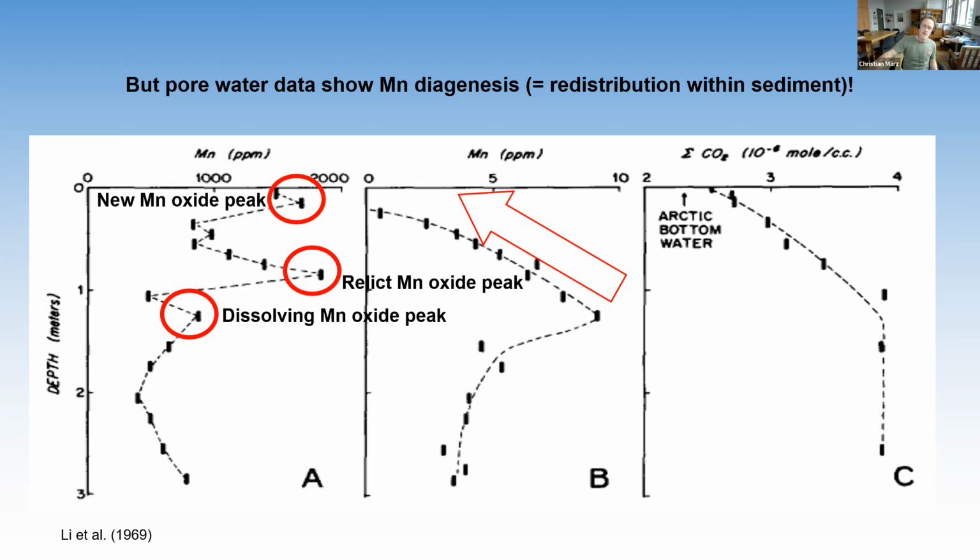And then the manganese diffuses away, usually to below to form carbonates, probably to the top to form a new manganese oxide peak. So you're really shifting the manganese peak. It might disappear entirely from the underlying sediments and migrate to the shallower sediments. Somewhere in the middle, you have this relict manganese oxide peak, which seems to be currently unaffected by diagenesis, but will probably be affected later. So there are these two opposing views.